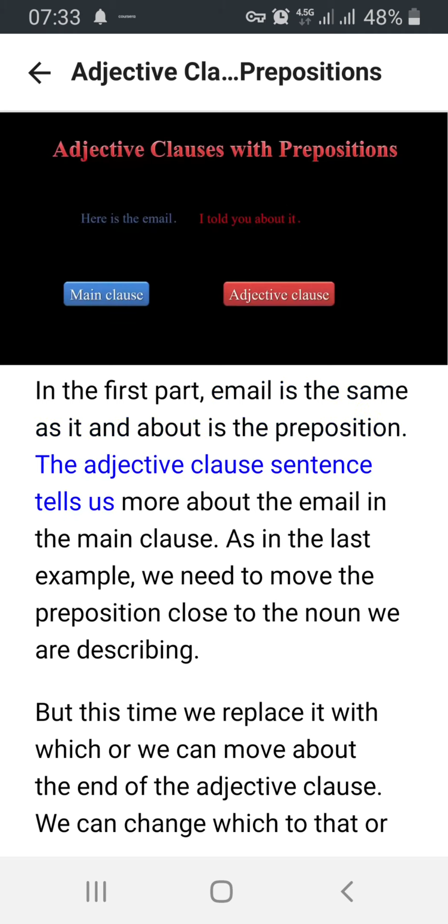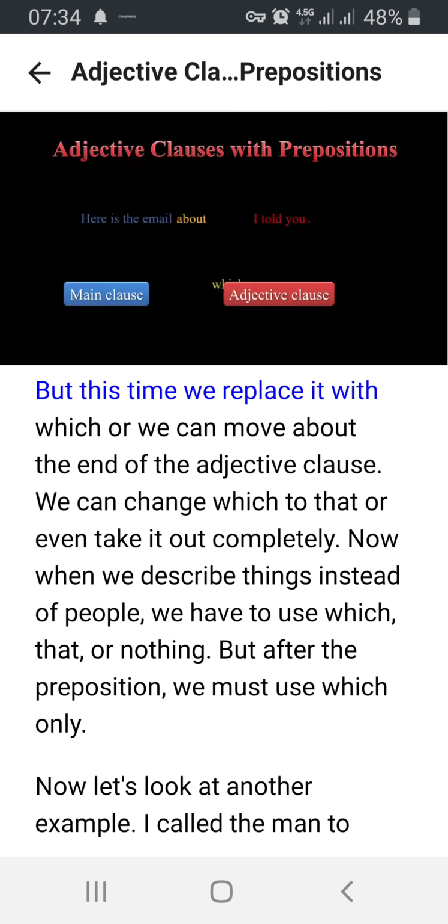The adjective clause sentence tells us more about the email in the main clause. As in the last example, we need to move the preposition close to the noun we are describing. But this time we replace it with which.